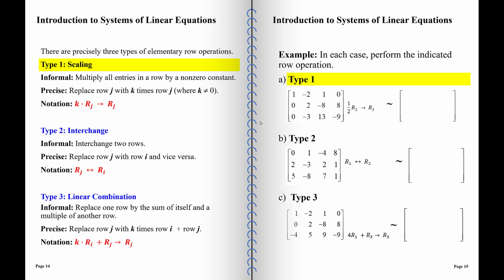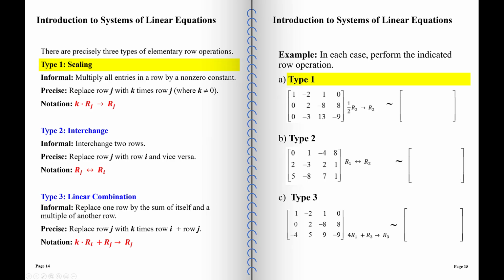So type 1, scaling. You can multiply a row by a number. Okay, so you can say, I'm going to take row 1 and multiply it by 2, or by a half. And we see that here.